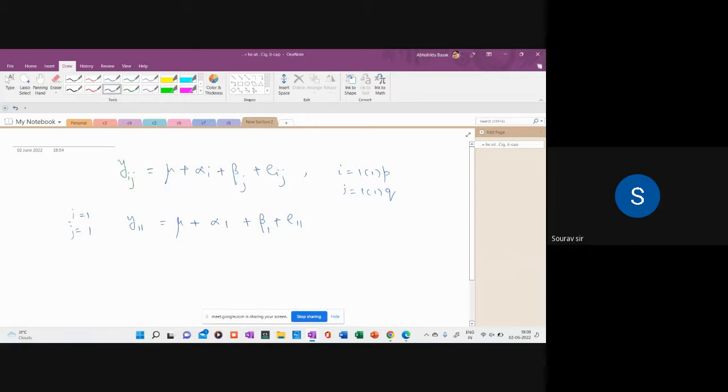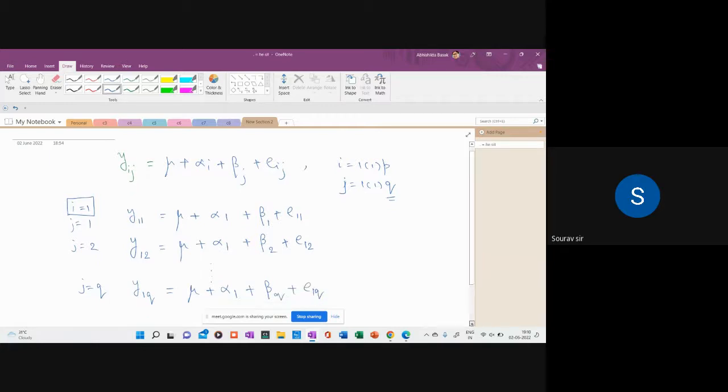Then, fixing i at 1, I put j equals 2: y12 equals mu plus alpha 1 plus beta 2 plus e12, and it will go up to j equals q, so I get y1q equals mu plus alpha 1 plus beta q plus e1q.